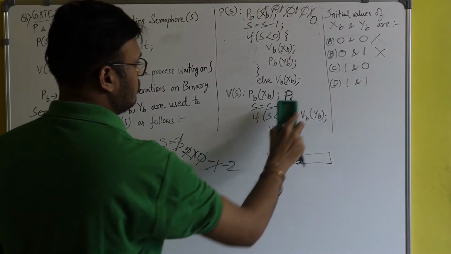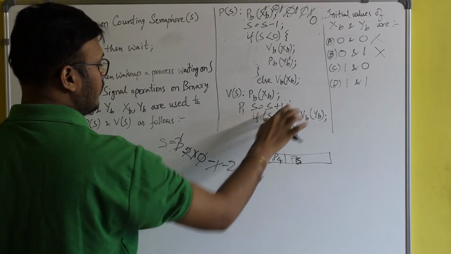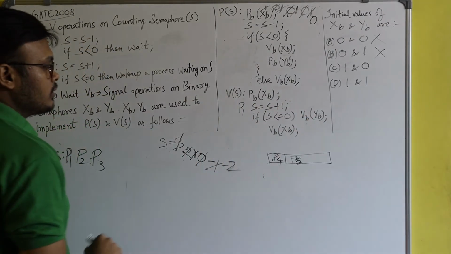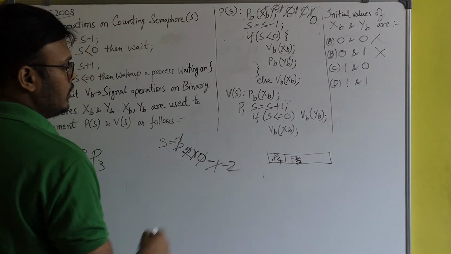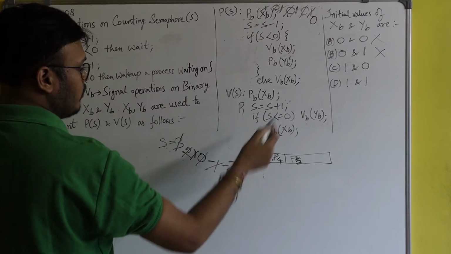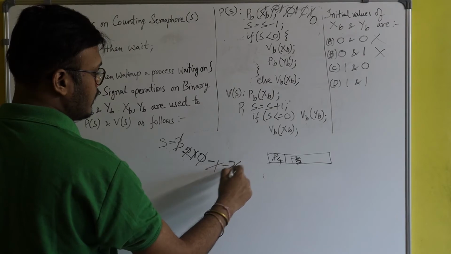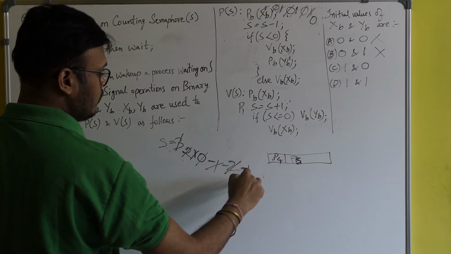Now P1 will come here and run this line, S is equal to S plus 1. So now the value of S will be incremented by 1. It is minus 2 now, so it will become minus 2 plus 1, minus 1.